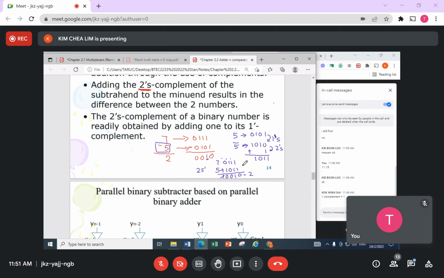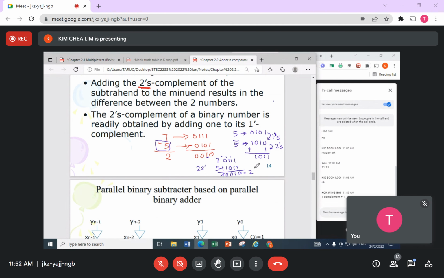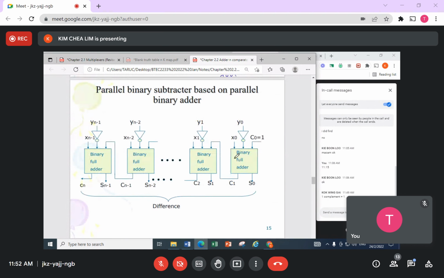So with this, now I don't need to build my subtractor. I make use of my full adder, and you find that the result coming out here actually is a subtractor.